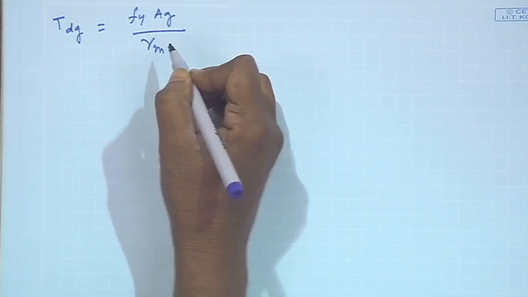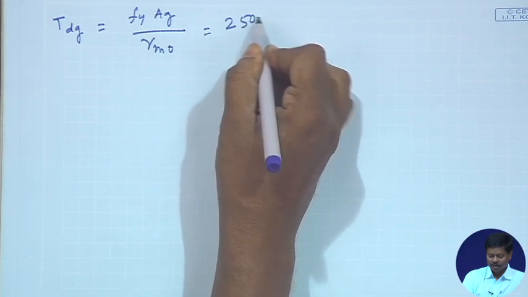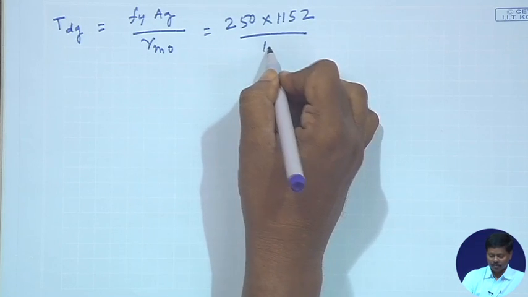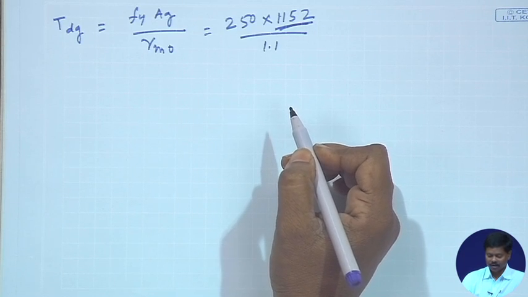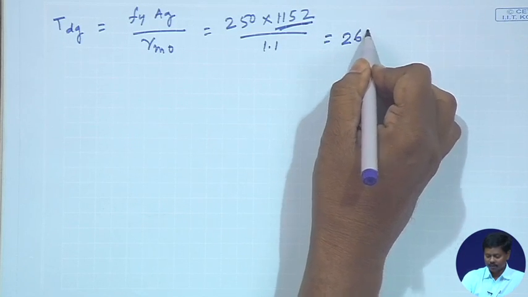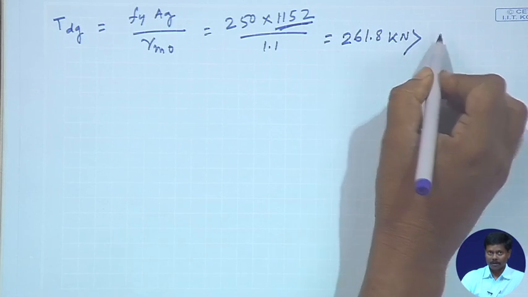So, if we put this value, 250 into 1152 by 1.1, because Ag is 1152. So, this is coming 261.8 kilonewton, which is more than 200.